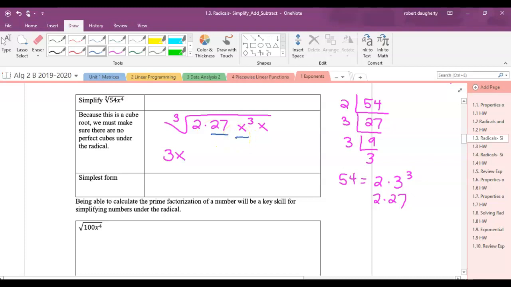What is left under the radical that's not a perfect cube is going to be the cube root of 2x. So that is the simplest form, 3x times the cube root of 2x. Okay, so again, the key is looking at the numbers, looking at the exponent, trying to organize everything into perfect cubes.